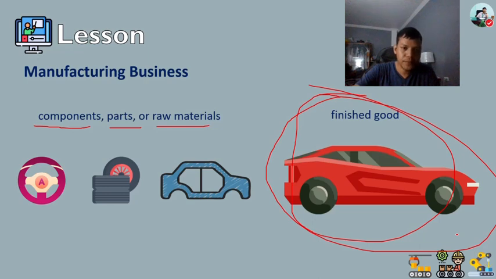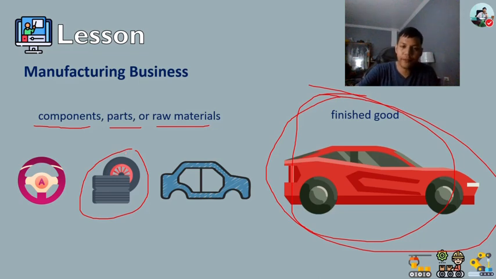We need this steering wheel, the tire, and the cover or body of the car, and we have this finished good. Also, for example, this is the finished product, and we also have raw materials like the tire. So that's the meaning of the manufacturing business.